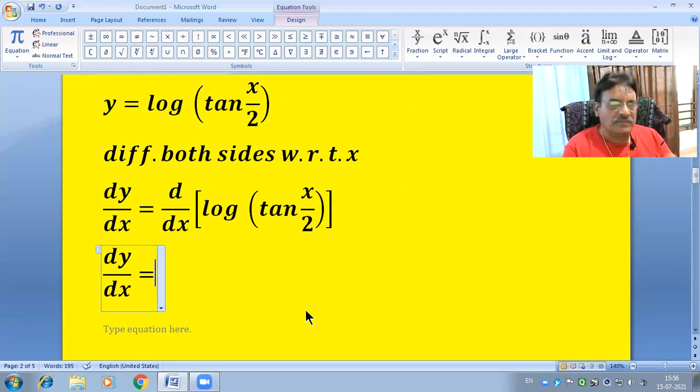Similarly here, 1 by tan x by 2 into d/dx of tan x by 2. Here we find d/dx of log tan x by 2. Again, we use the simple derivative formula, f(x) replaced by tan x by 2. So 1 by tan x by 2 into d/dx of tan x by 2.